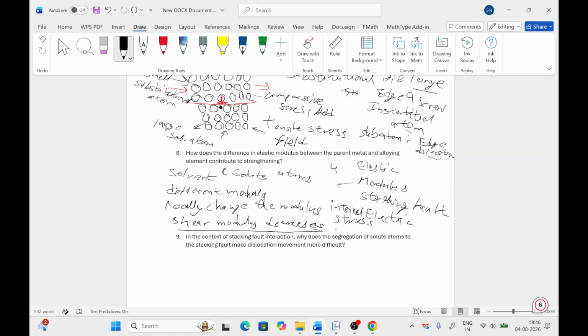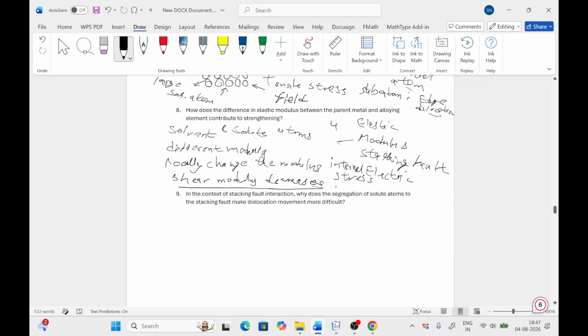Because of the change in modulus locally, the strength will be higher. So this means the shear modulus change creates some type of stress field in the solvent lattice.